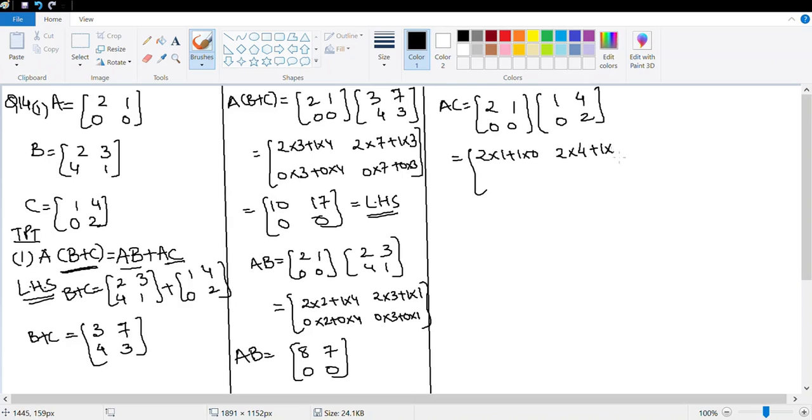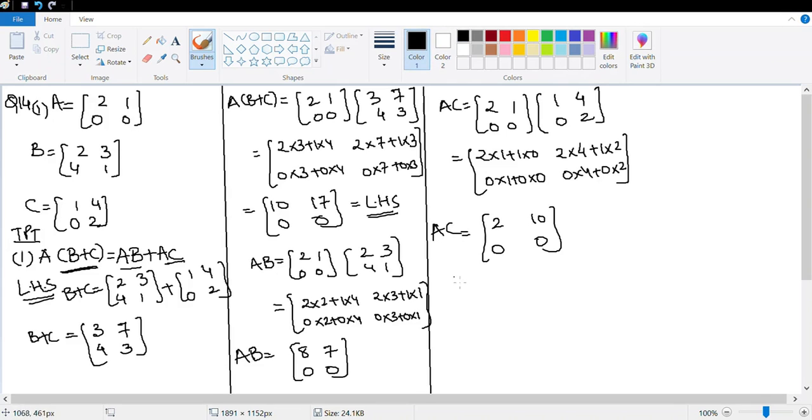So 2 into 4 plus 1 into 2. Here it will be 0 into 1 plus 0 into 0. Here will be 0 into 4 plus 0 into 2. This becomes 2 plus 0, which is 2. Next is 8 plus 2, which is 10. This is 0 and this is 0. So we've got the value of AC as well.